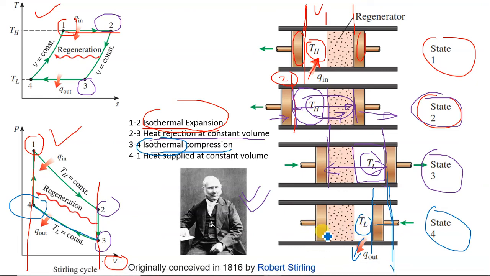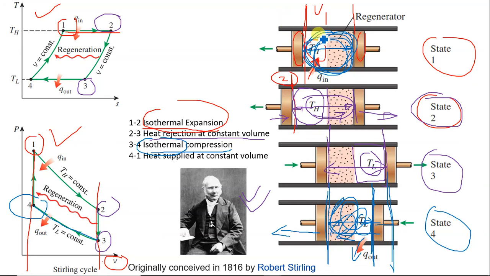Now this is the volume inside at point number 4. The left piston will move towards the left, and the right piston will also move towards the left, maintaining this internal volume constant. It occupies this state 1, meaning the top volume will match with this volume.